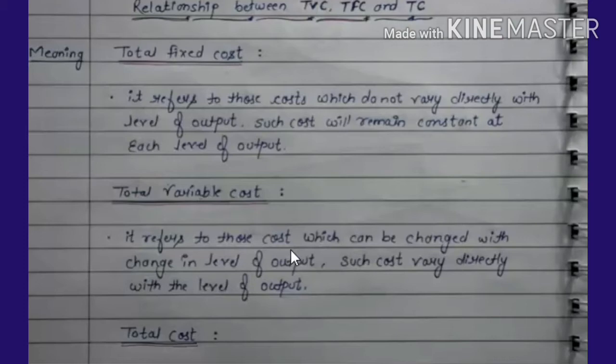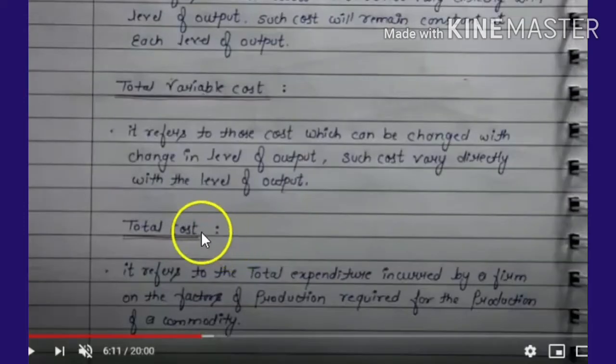One or two laborers may come newly, so it may be the variable cost. If you want higher output, you have to employ more laborers, so that is known as total variable cost. Hope you understand.